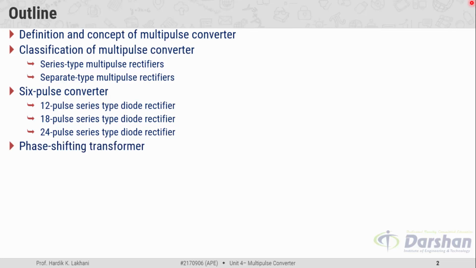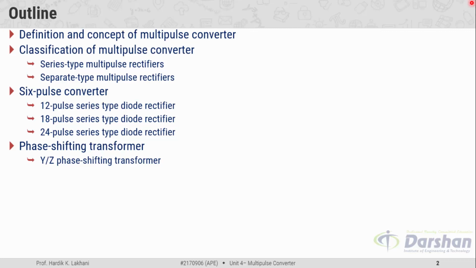Thereafter the key point of this chapter is the phase shifting transformer. I am going to discuss the difference between the conventional ordinary transformer and the phase shifting transformer which is used in the multipulse converter. We are aware of the star and delta connection of the winding in the three-phase transformer. Apart from star and delta connection, in the case of multipulse converter, we need Z type of winding connection.